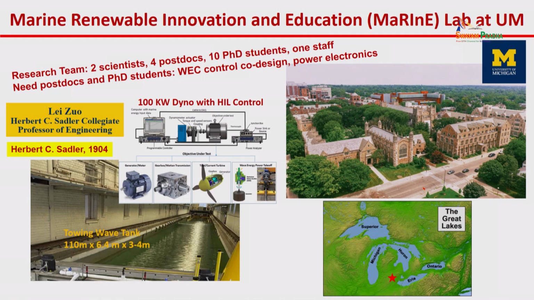So this year, we are lucky to have 11 new projects from the National Science Foundation and from DOE. We have postdoc positions open and PhD students. So we are looking for students who can work on the control design, with a background of design, control, hydrodynamics, ocean engineering, like that, right? And I also need some people to work on the power electronics side.